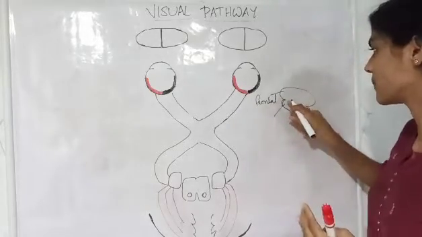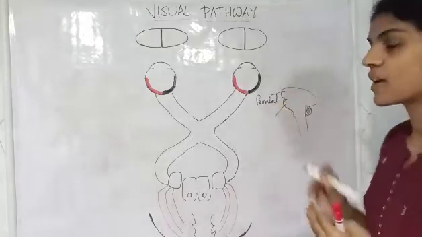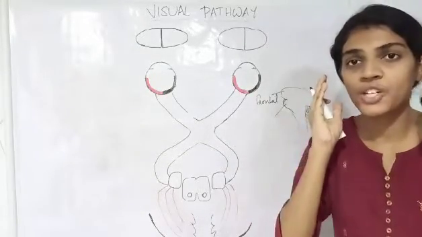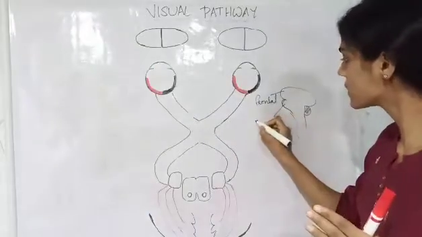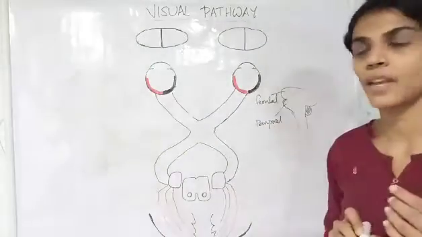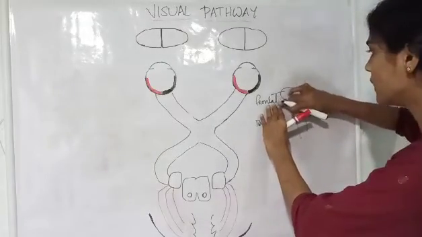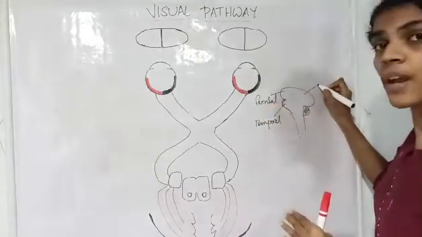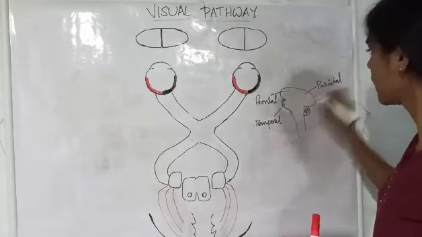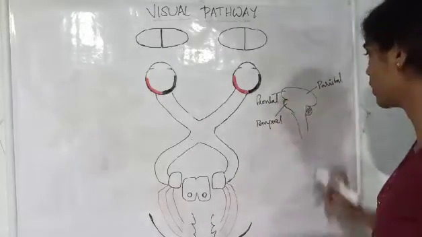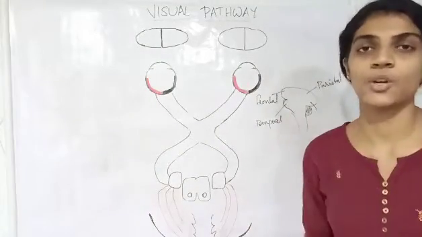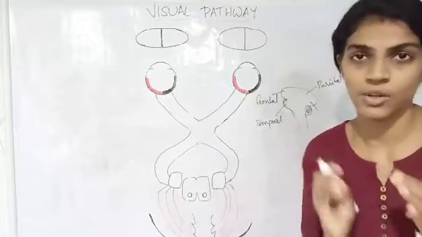And second one, just lower to the frontal lobe, you can see the temporal lobe, which is almost near to your ear. Then a little behind the frontal lobe you can see the parietal lobe. The parietal lobe is seen behind the frontal lobe, and behind and lower to the parietal lobe is the occipital lobe.